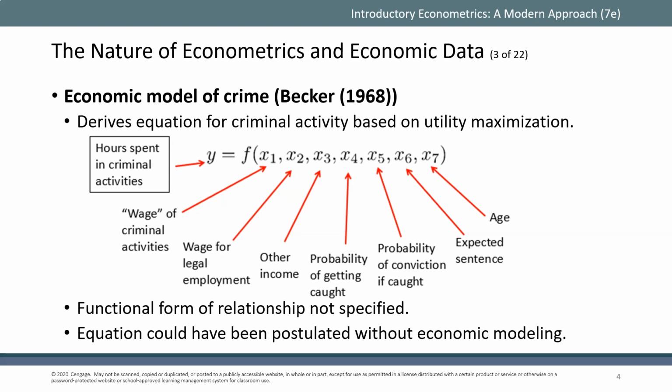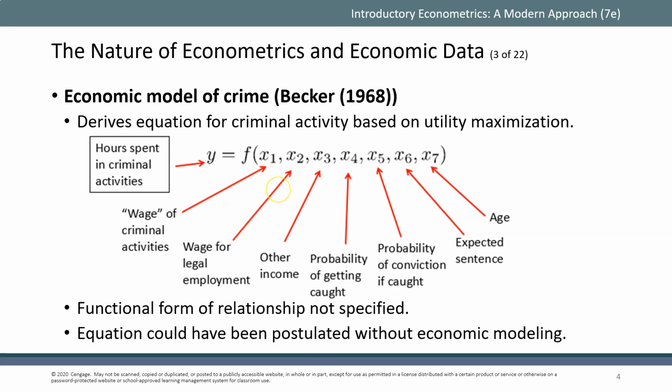And here a variable y shows the hours spent in criminal activity. According to Gary Becker, there are 7 variables that may affect an individual's behavior. The first one is X1. It represents the wage that criminal activity will bring to a particular individual.